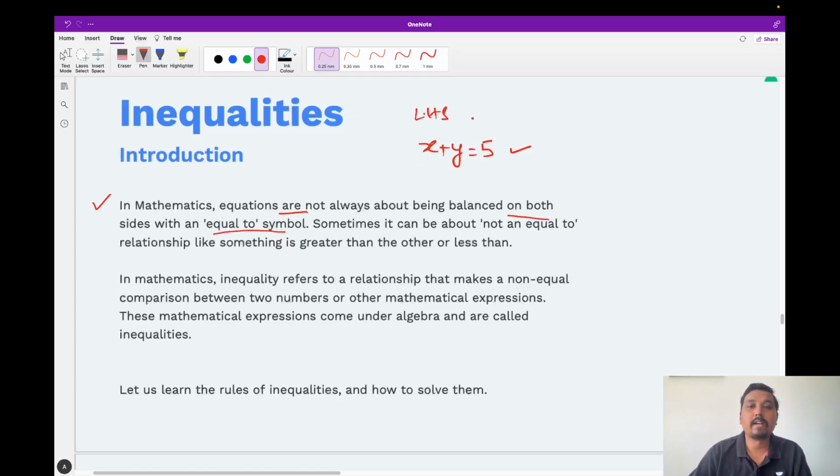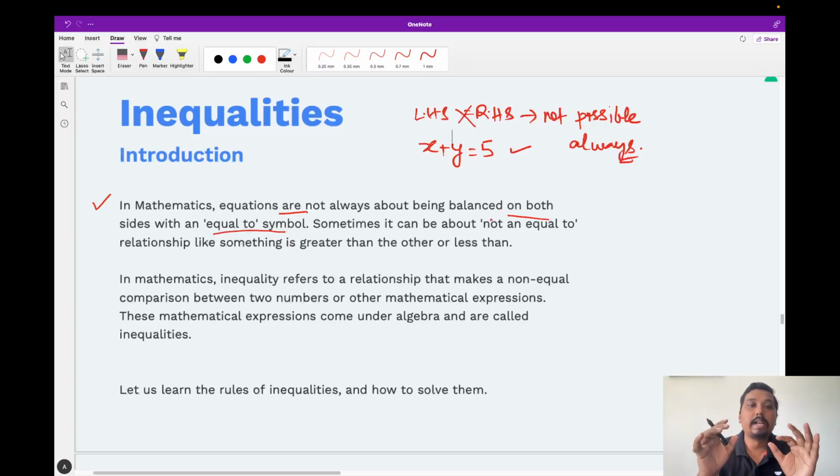Your left hand side currently equals your right hand side, but this is not going to be always the case. There can be instances where LHS is not equal to your RHS. So this term we call inequality, where both sides are not equal, unequal.